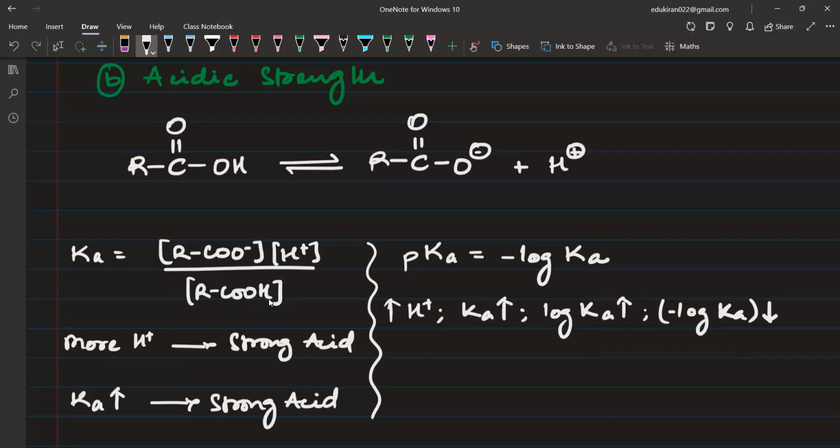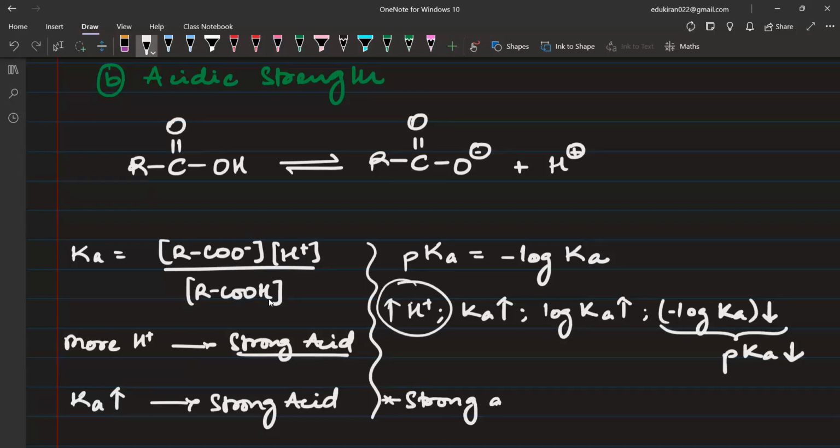And what is minus log Ka? It is the pKa. So pKa is low if you have more H plus. And if you have more H plus, it is a strong acid. That means we can say strong acids have lower pKa.